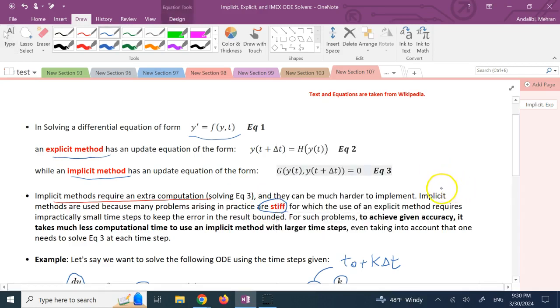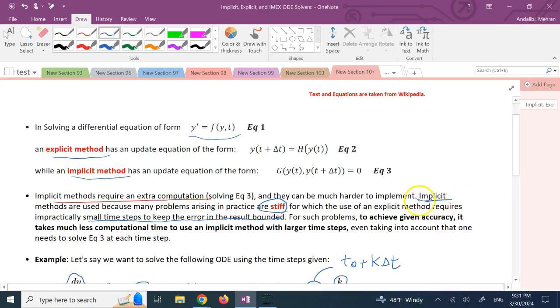We're going to see examples of that, and we'll see that implicit solvers are useful with stiff ODEs, because explicit ones, if they want to solve stiff problems, need very, very small time steps to keep the error bounded, and that makes them very slow to use or sometimes impossible to use.